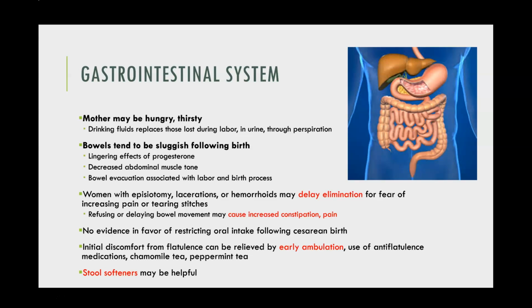Make sure, obviously, that you are assessing bowel sounds for these patients, and not just the C-section patients, but also your vaginal deliveries, particularly if they have had some type of intervention during the delivery process, such as the use of forceps or a vacuum to help get that baby out during the second stage.